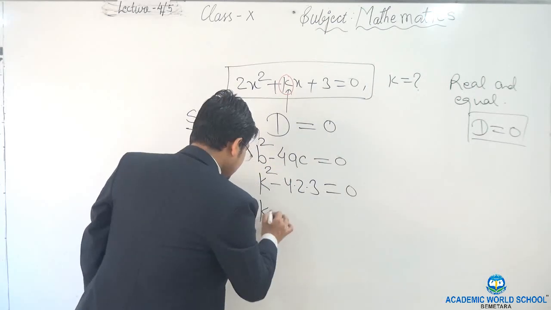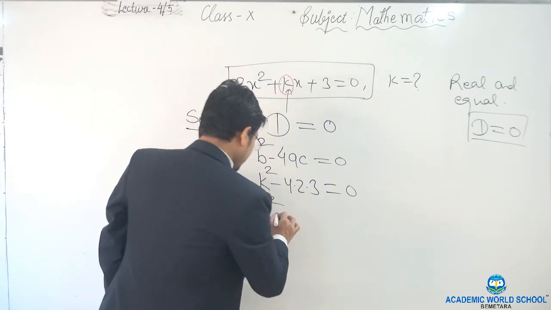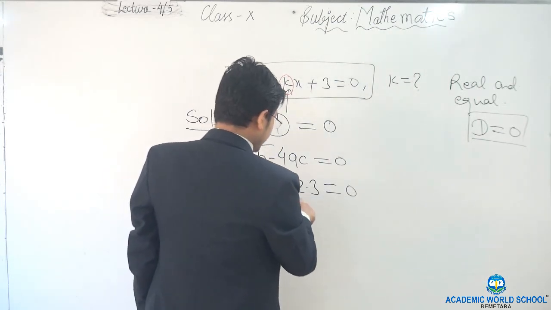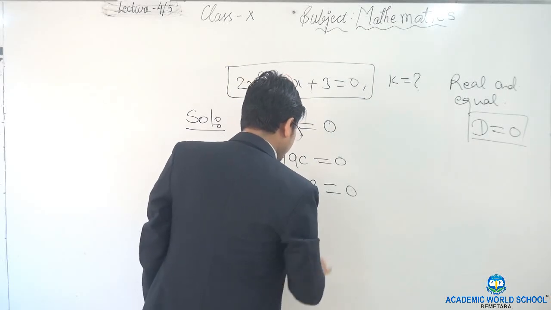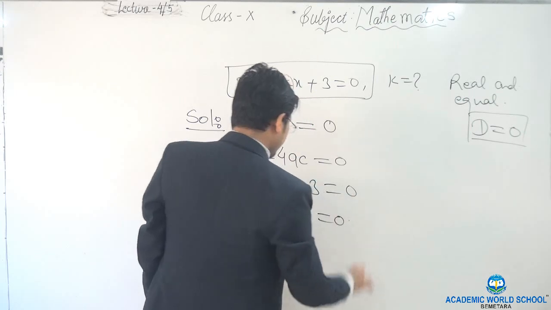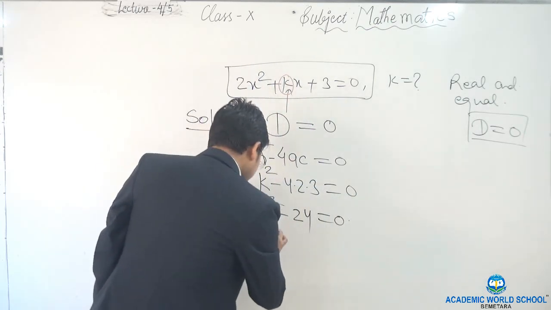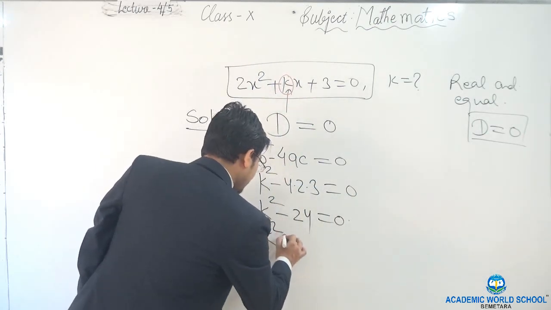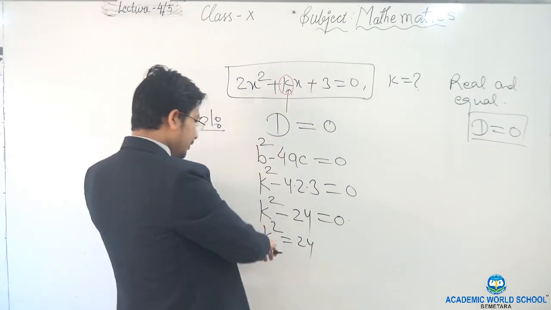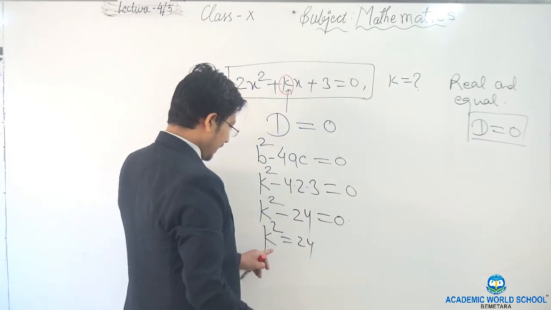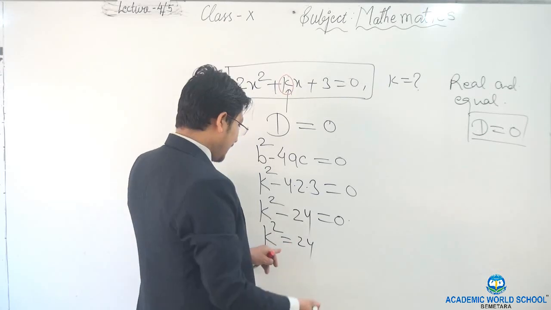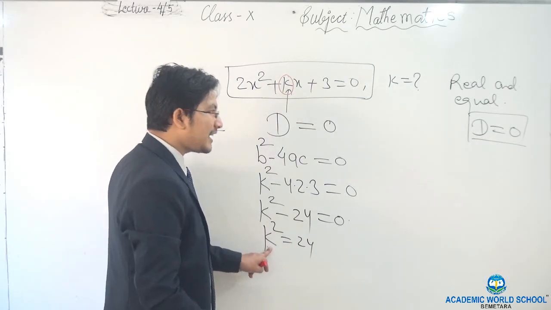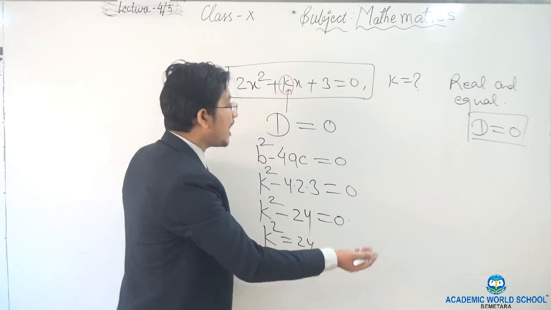It means k square minus 4 into 2 into 3, that is minus 24, is equal to 0. So k square is equal to 24, if I transfer this to the other side. Now I am going to find the value. This is a square, so this side will be a square root.